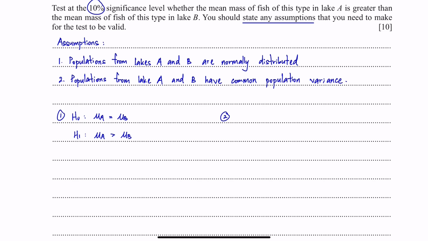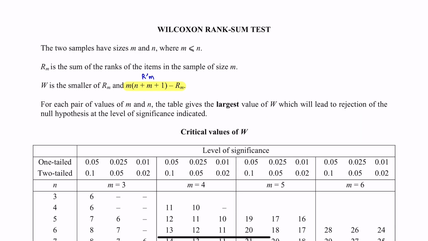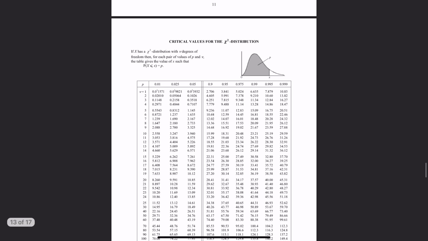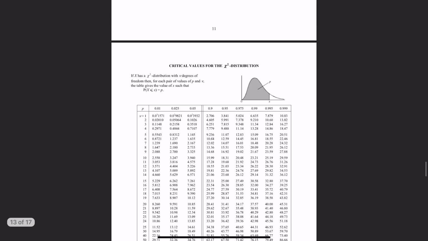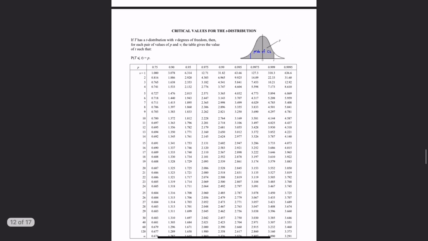So second step, we have our critical value. So we know that this is a one-tail test and the significance level is 10%. So our p-value would be 0.9. And for the degrees of freedom, v, we have the number of samples for A, which is 10, plus the number of samples for B, which is 12, minus 2. So this would be 20. So now we refer to the formula booklet.